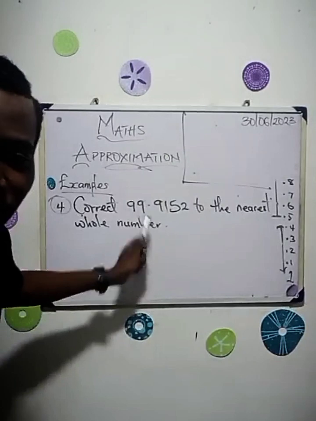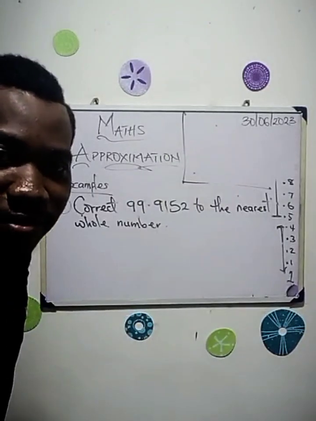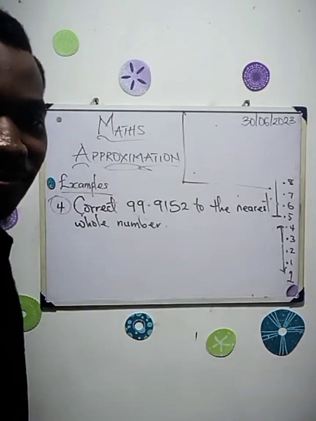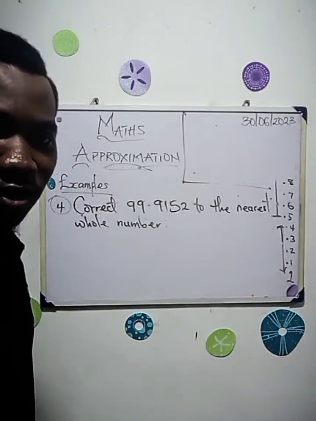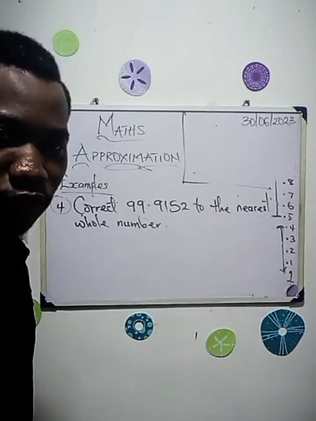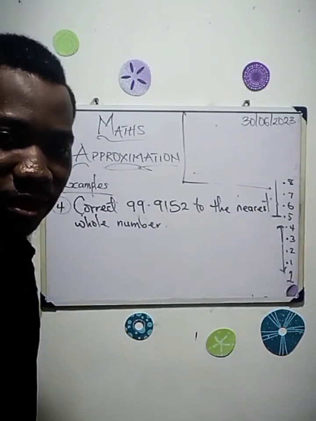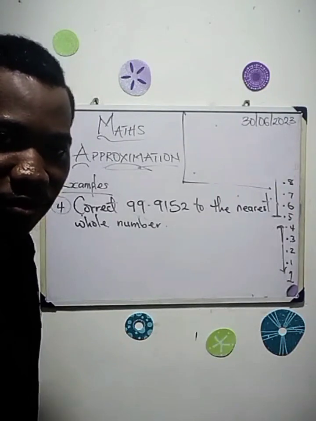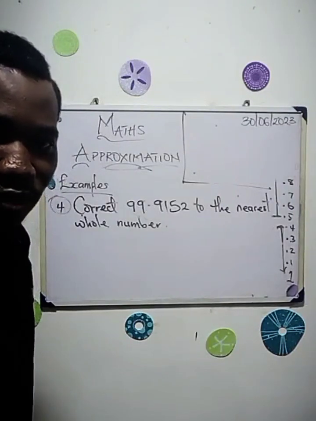Approximate this to the nearest whole number. 99.9152 to the nearest whole number. Wealth Godwin says 100. AMT says 100. Elegant says 100. Good. Andrew 100. Celine 100. Janet Harrison 100. Alima says 100. Good.